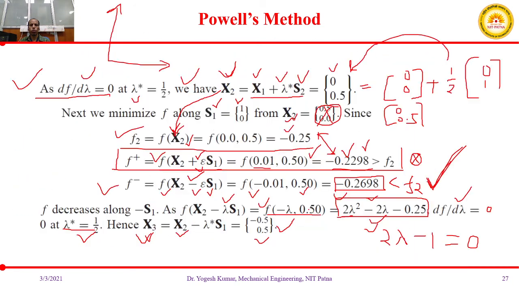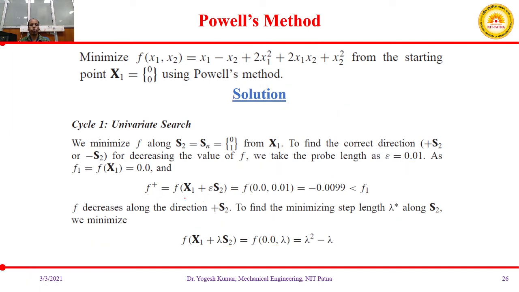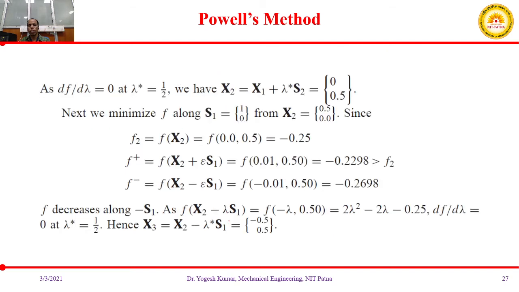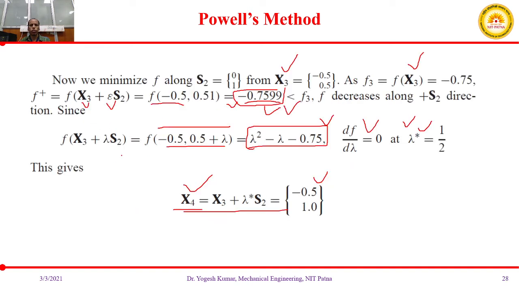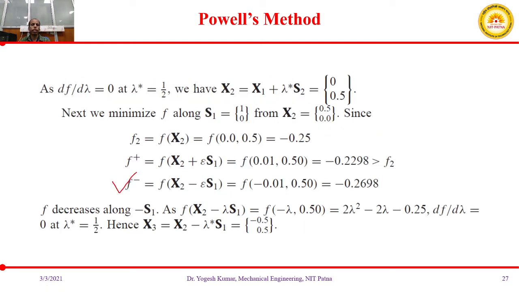Okay, so let me erase all for clarity. The first time, I equal to 1, we tried to get the value of lambda here, and the second time we got the value of lambda 2, I equal to 2 here.